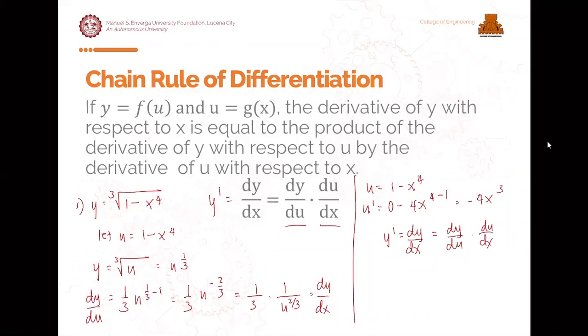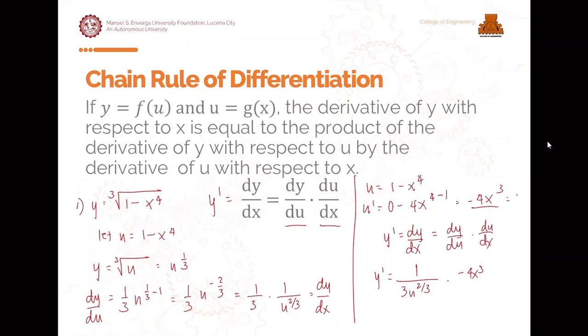Okay? So, y prime will be equal sa dy over du is itong term na to natin. So, 1 over 3u 2/3 times yung du over dx is ito, negative 4x cube. Ito yung du over dx natin.